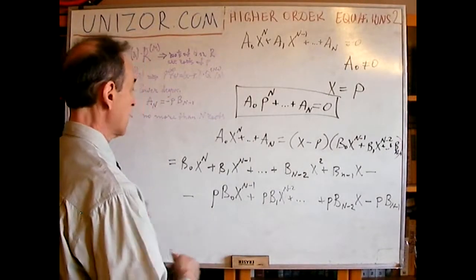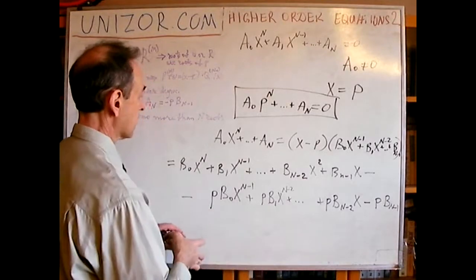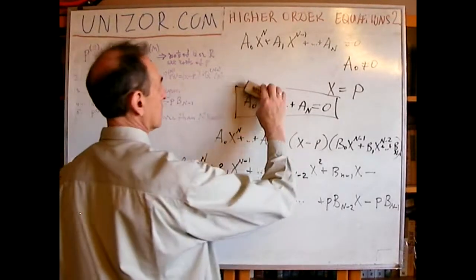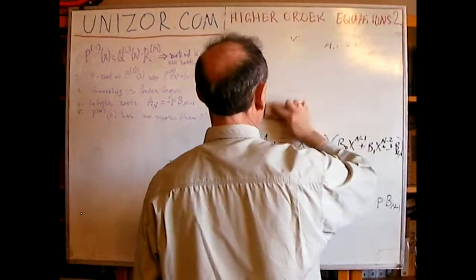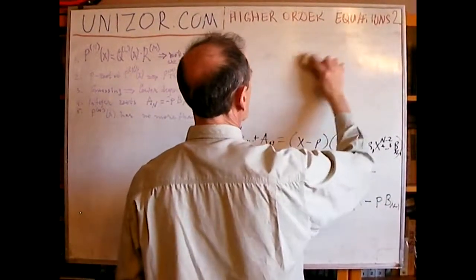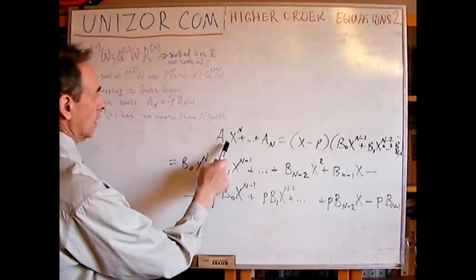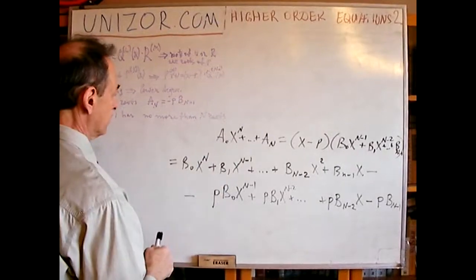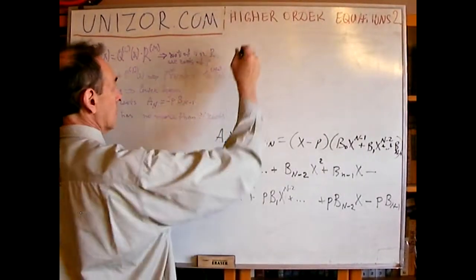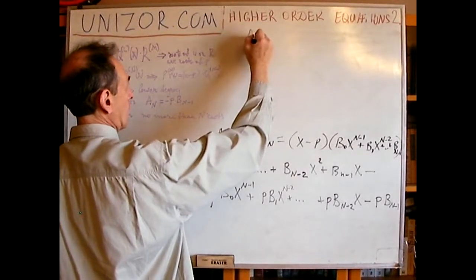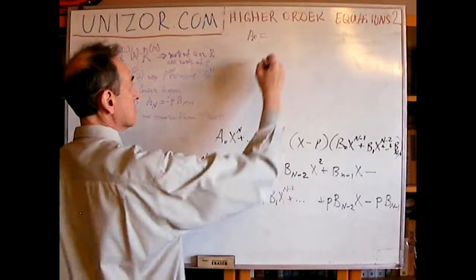Which means that the coefficient at x to the nth degree, so let me just wipe out this, we don't need it anymore. Coefficient at x to the power of n is what? In this case, it's a0. And in this case, it's just b0.